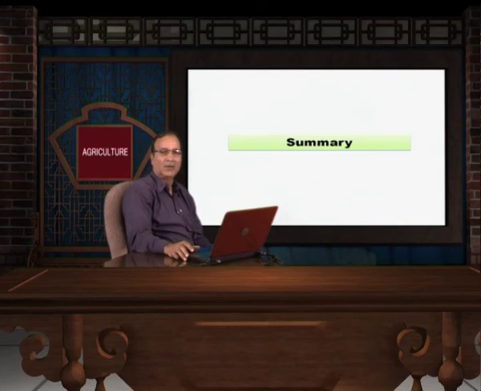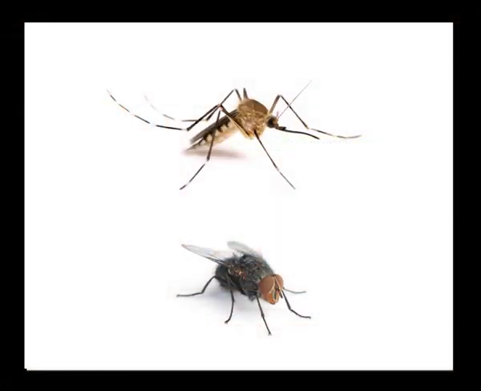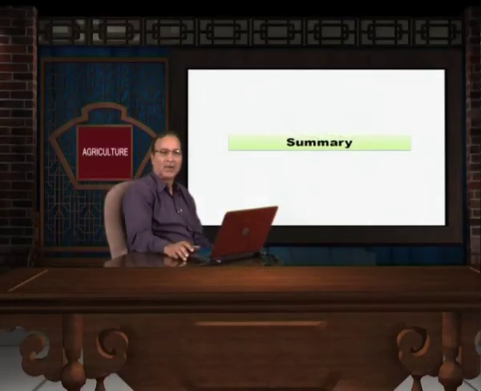Similarly, in case of dipterans, the mosquitoes and houseflies are common creatures and both have their economic importance. As we all know, mosquitoes are very much responsible for carrying various viral diseases. So, they act as vectors.